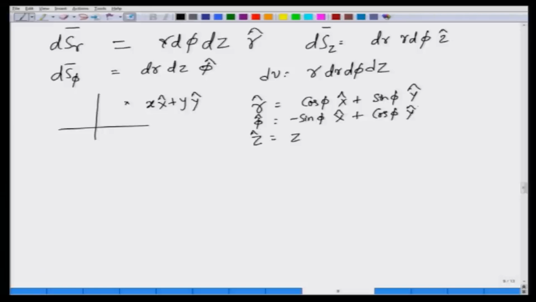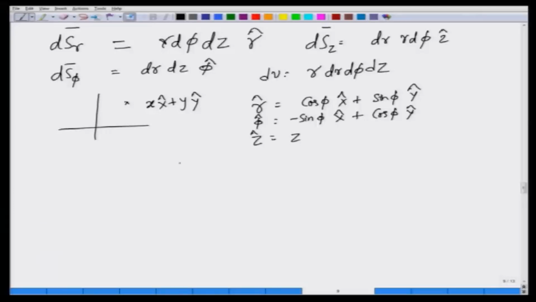Now, consider two cases. First, phi equal to 0, which means I am actually along the x axis, there is no angle change there. With phi equal to 0, what will happen to the r hat and phi hat vectors? z will not change, it will still be pointing along z. cos phi with phi equal to 0 will be 1, and sin phi with phi equal to 0 will be 0.